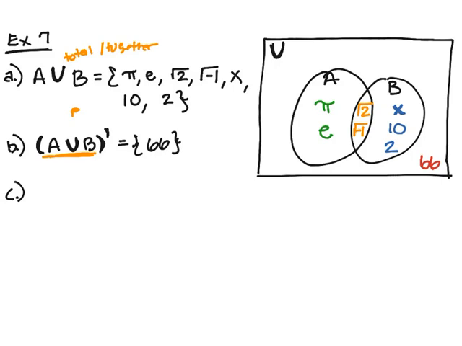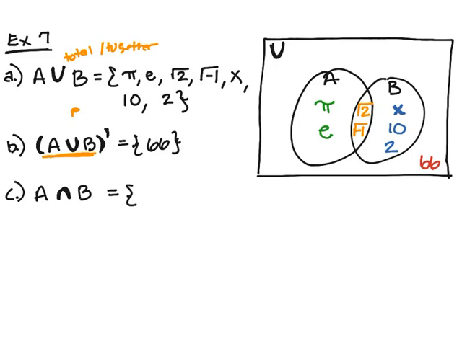C, it says A, and that symbol's what? Intersection B. A intersection B. Meaning what? Everything in A and B, but the intersection. Now, intersection doesn't mean what's in both of them now. Just the three, just the negative square root of 1 and square root of 2.